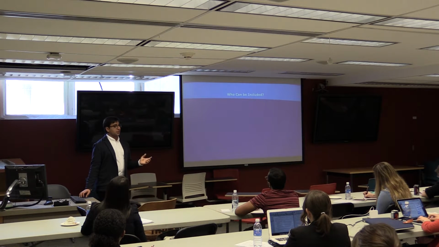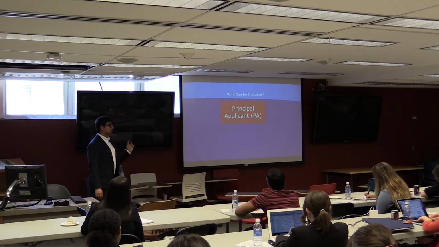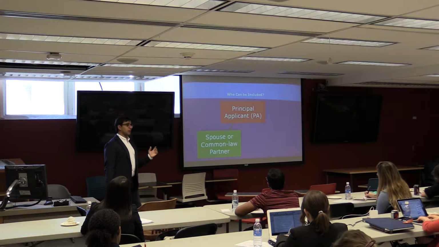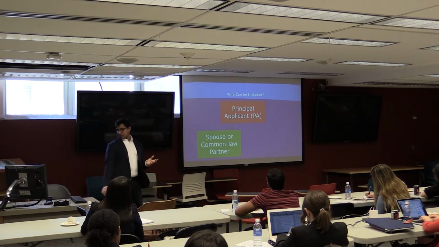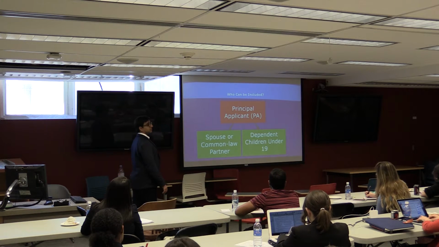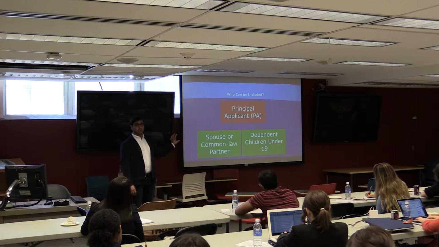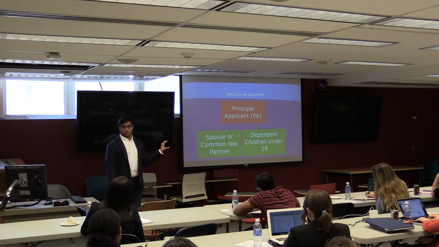Within IRCC's definition of a family, you have the principal applicant, maybe a mother or a father. You have the principal applicant's spouse and common law partner. And then you have any dependent children that are under the age of 19. So that is IRCC's definition of a family, and that is who can be included on one application package.